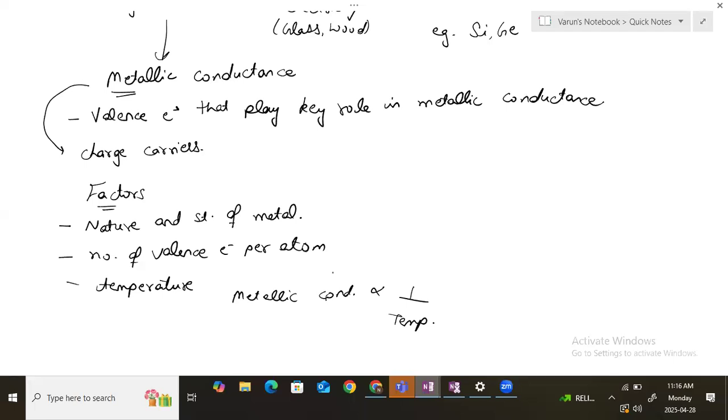That's why they are conducting. But if I increase the temperature, their movement will increase. If their movement increases, they will disturb the movement of other particles, and then the metallic conductance decreases.